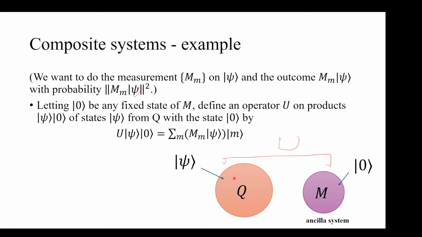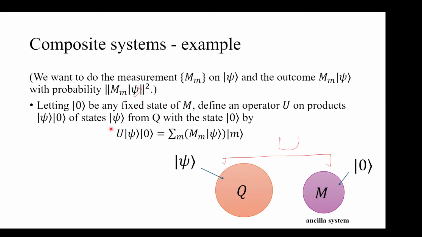Later we'll check that if we have a unitary that does this, then after you do measurement on this big M system, it's enough to get a generalized measurement on your Q system.